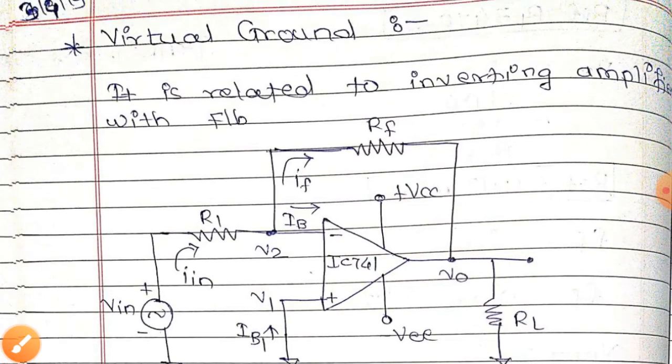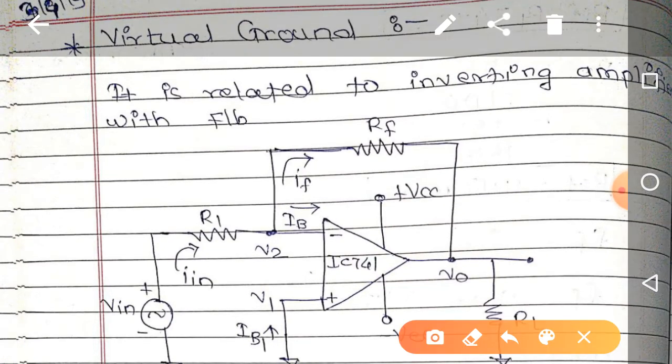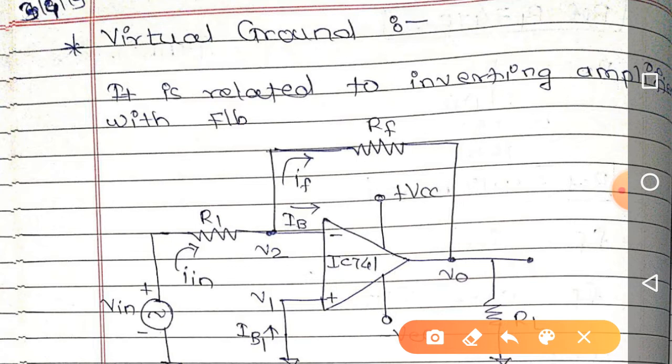The value of IB is nearly equal to 0 due to the high input resistance of the op amp. So this Iin is equivalent to IF.